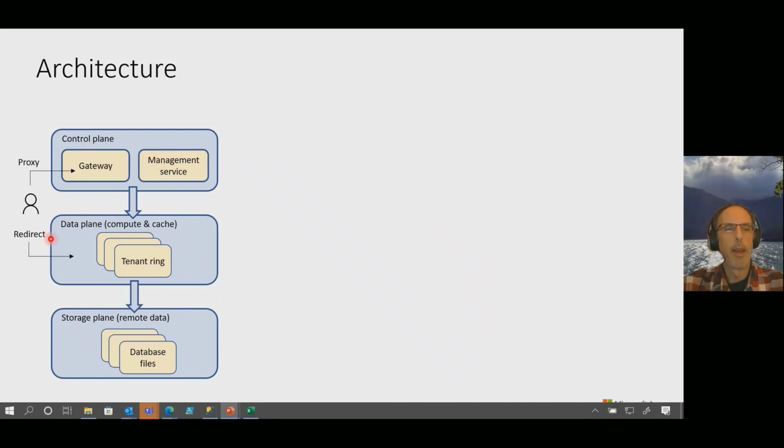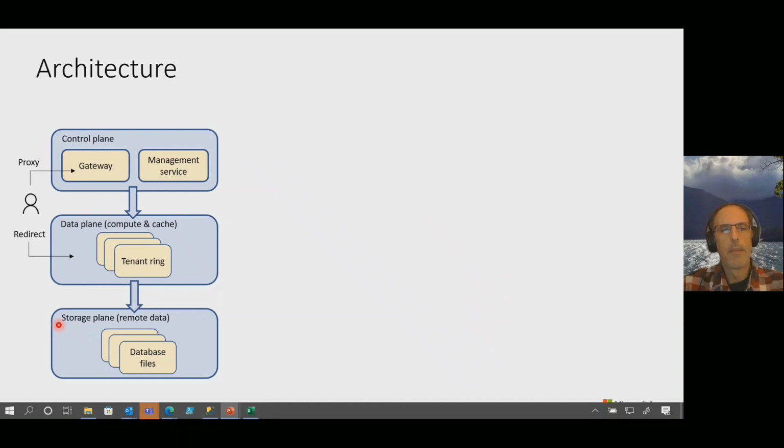Sitting below the control plane is the data plane, where there are tenant rings, which are collections of virtual machines that provide the compute to power the databases in SQL DB. And then below the data plane is the storage plane, which contains the remotely stored database files.